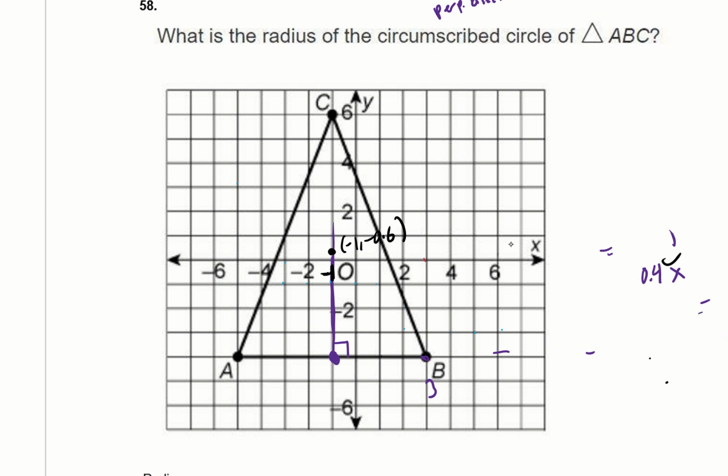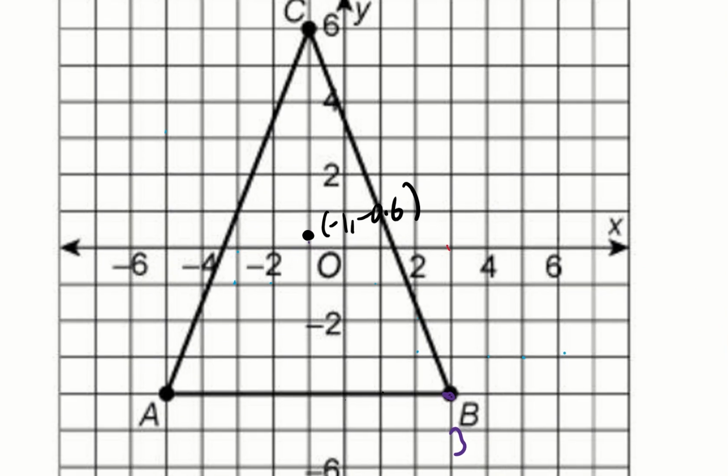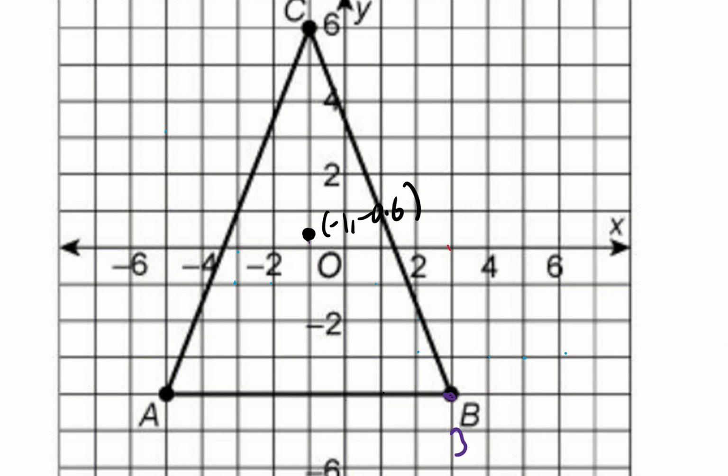And we can go ahead and calculate the radius. So if we want to calculate the radius, the circumcenter, or the circumscribed circle, the way we come up with the circumscribed circle is the distance from there to each of the vertices of the triangle, there, and there, are the same.